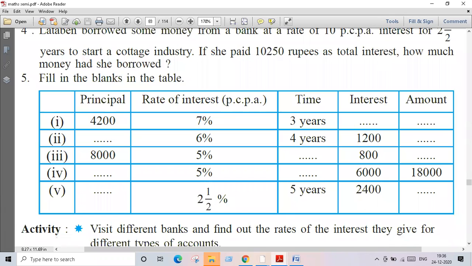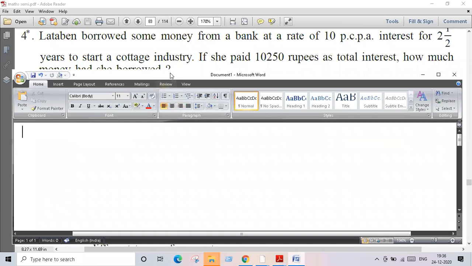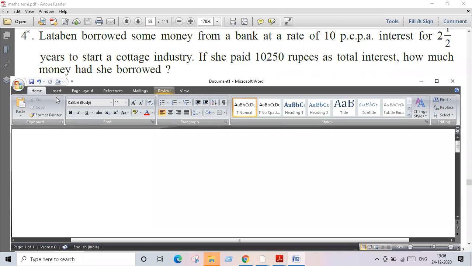Question number 4. Now here, what is given to us? P we have to find out, so P is not given to us. Then A is what?